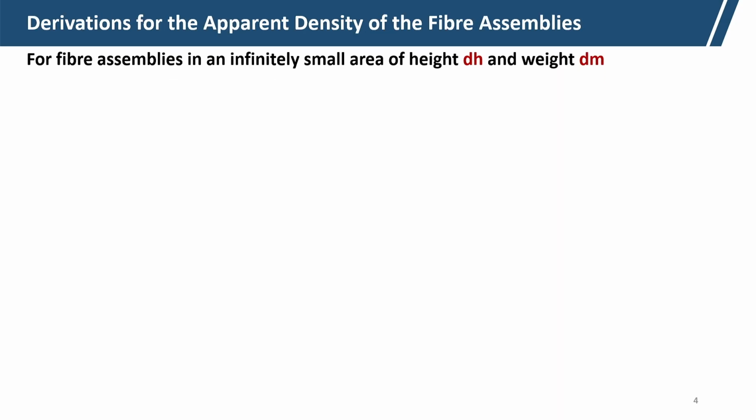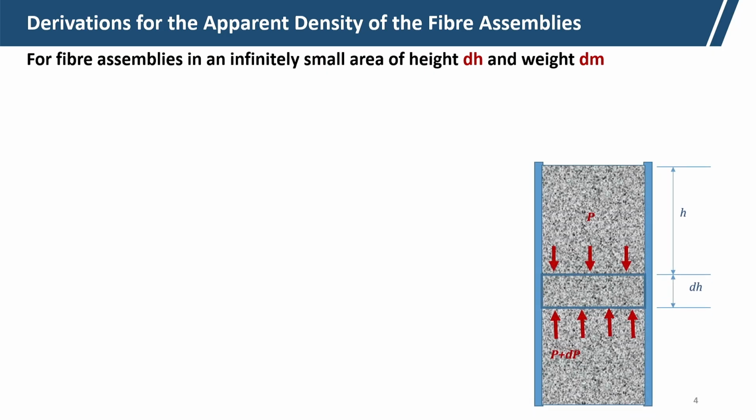So, for fiber assemblies, if we take an infinitely small area where height is dH and weight is dm, with height dH, and if we take the mass here, it is dm.